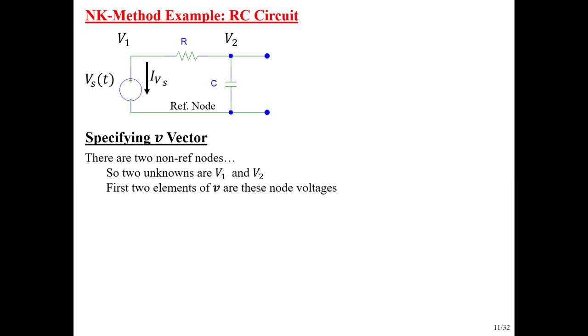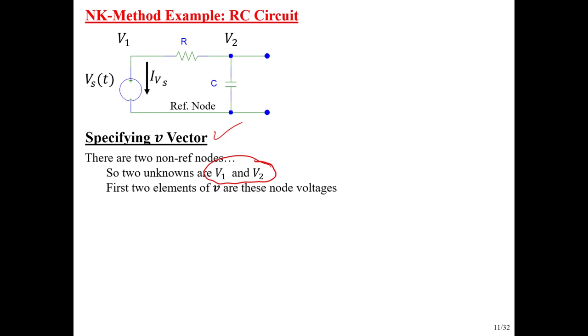So let's start by specifying the V vector. So there are two unknowns, V1 and V2. Those are our node voltages. So we start populating V always with all of the non-reference node voltages.